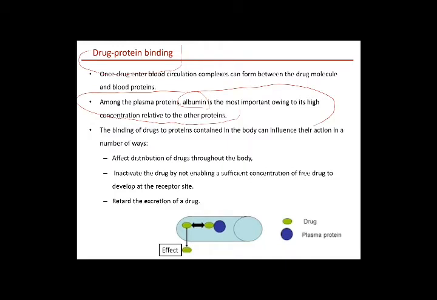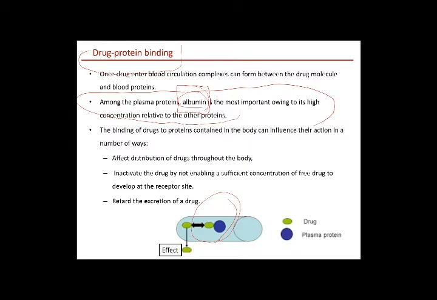And I'm sure you know that when a drug is administered, or when a drug is bioavailable, or when it reaches blood, some of the drug is usually protein bound. This bond between the drug and proteins in the blood is a complexation reaction.